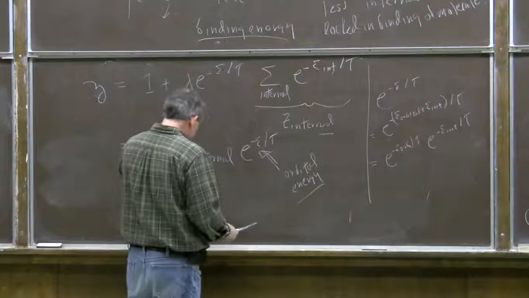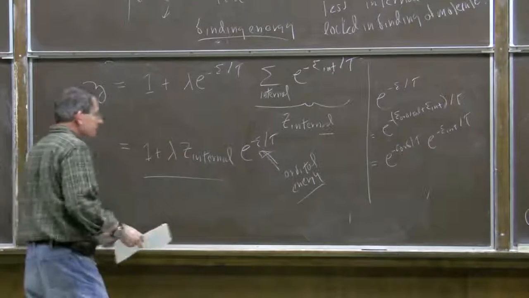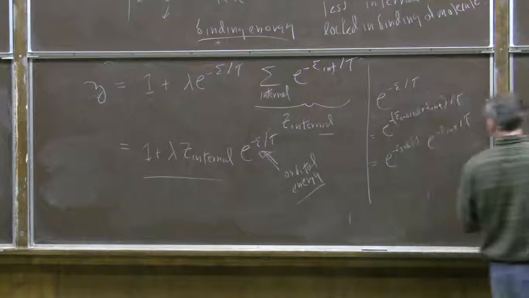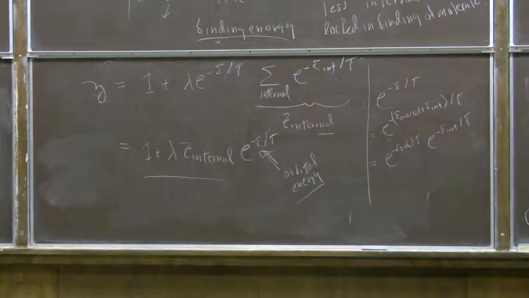And so what it means is that when we consider the distribution function, we should include that contribution from the internal degrees of freedom.